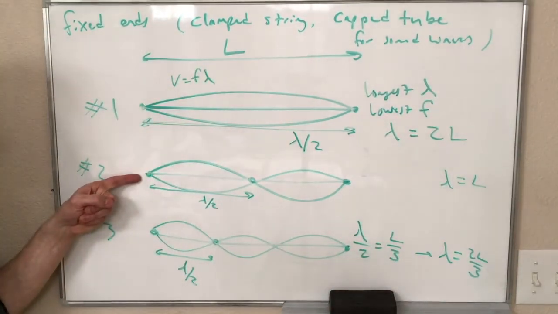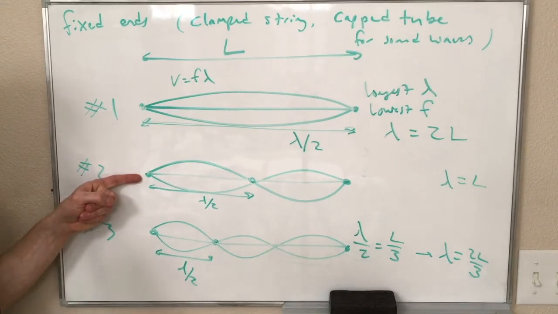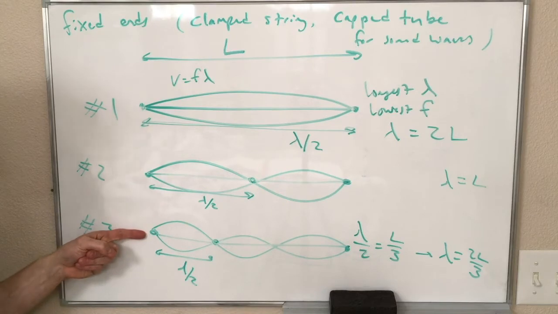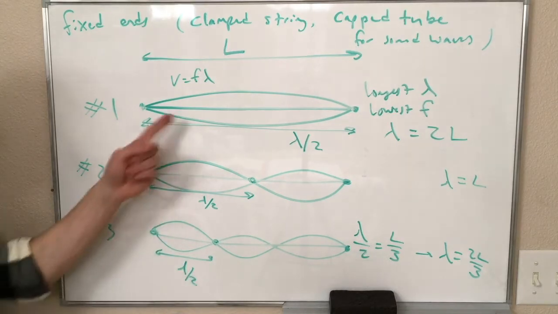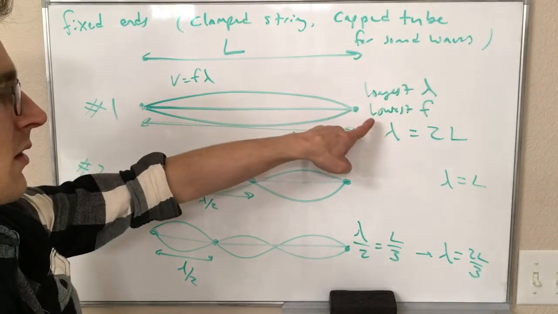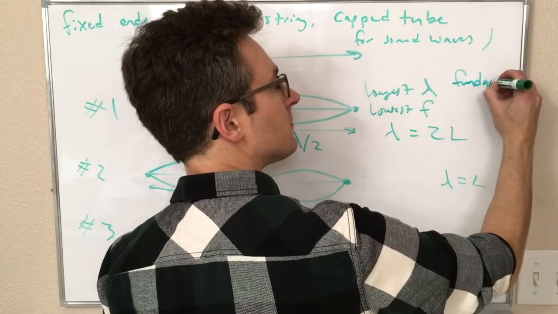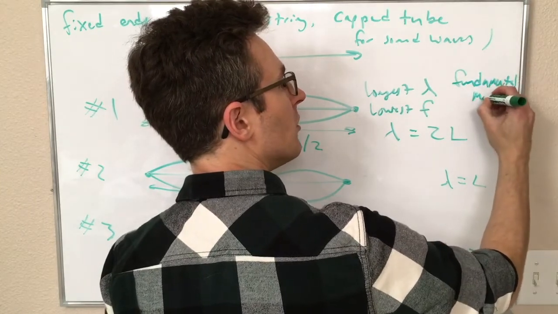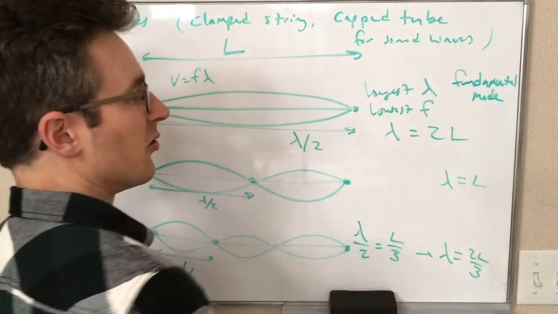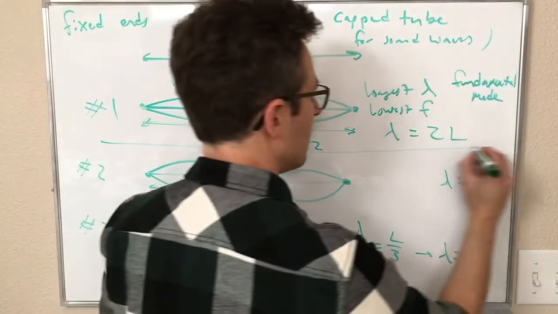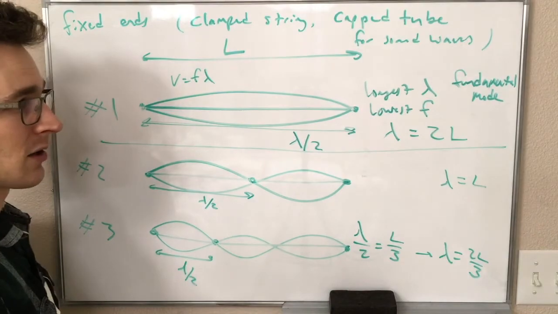This one is the next highest frequency and the second longest wavelength, the third is the third longest wavelength and the third lowest frequency, and so on. So this mode here with the longest wavelength and the lowest frequency is called the fundamental mode, or the f is called the fundamental frequency. It is also sometimes called the first harmonic.